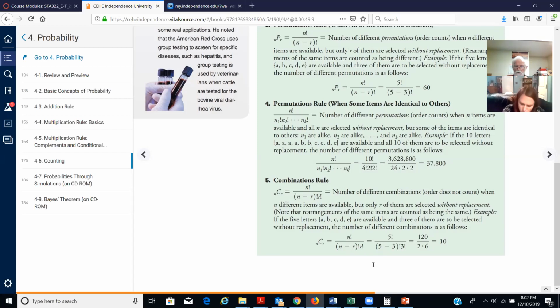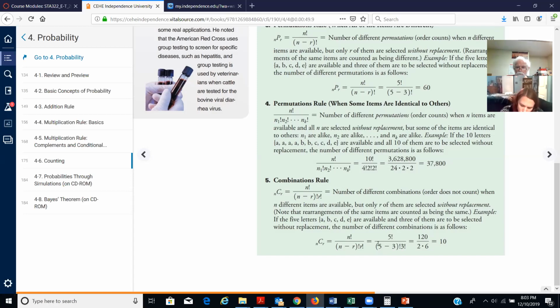So let's take a look at the same question: how many combinations of 3 of the first 5 letters of the alphabet are possible? So we have n is 5, r is 3. We substitute in 5 factorial over 5 minus 3 factorial times 3 factorial.